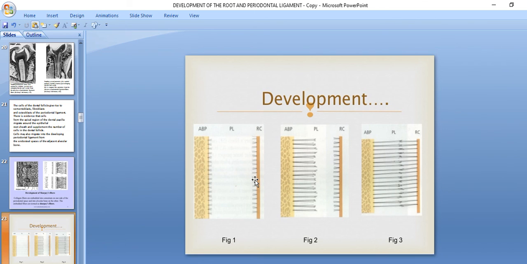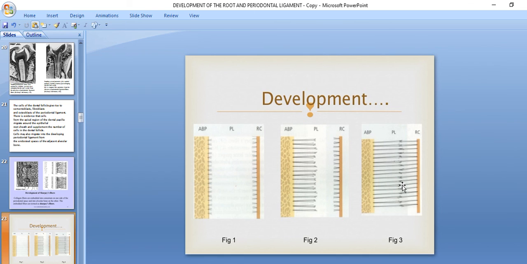The fiber bundles close to the bone first grow more quickly and branch until they approach the fiber bundles on the root side, and together they form the mesh of periodontal ligament fibers.